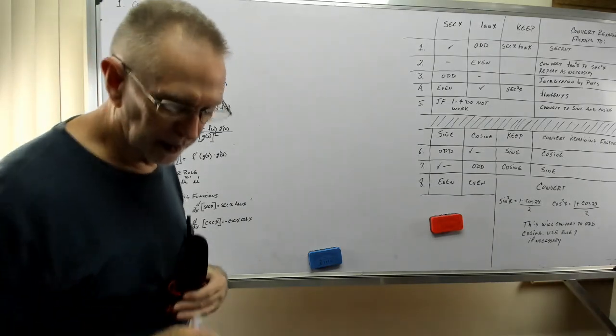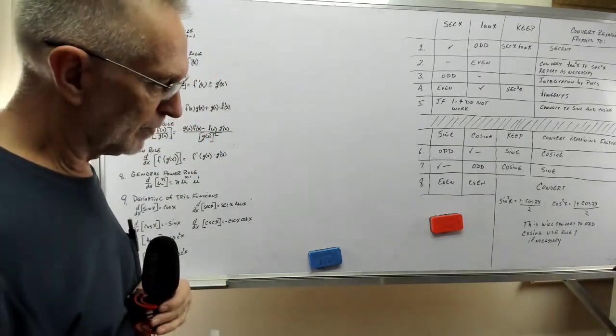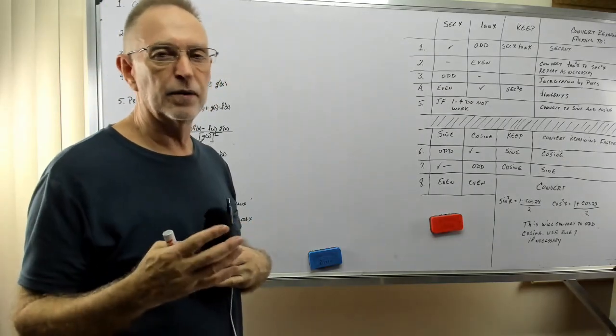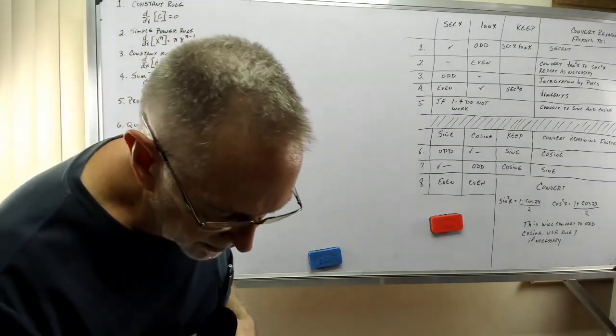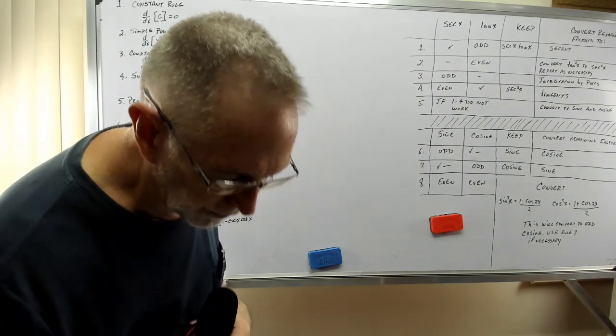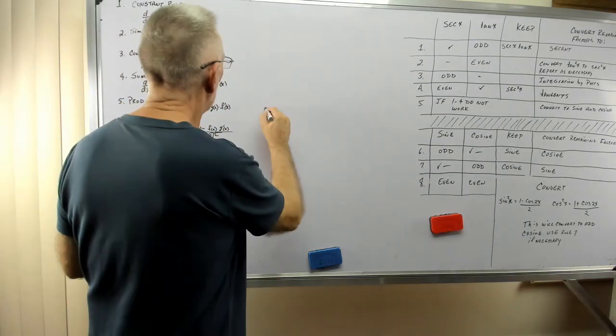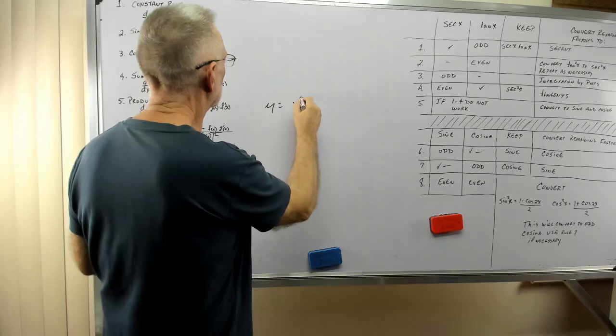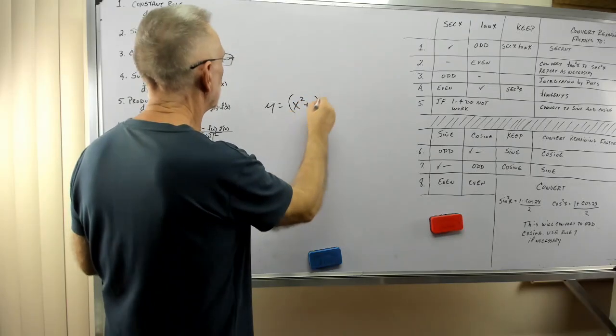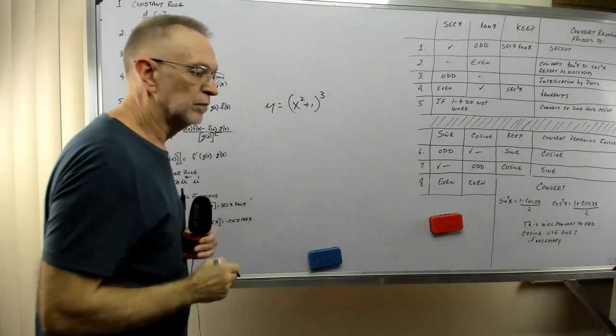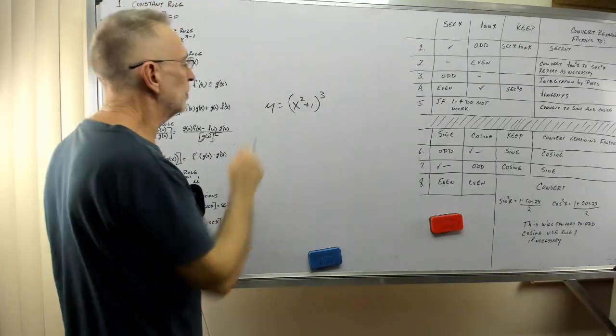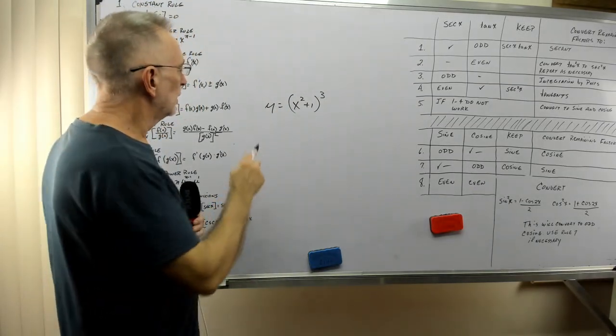These were some that, to me, they go together hand in hand. So let me take an example here. Y equals x squared plus 1 cubed. How do I take the derivative of that function?